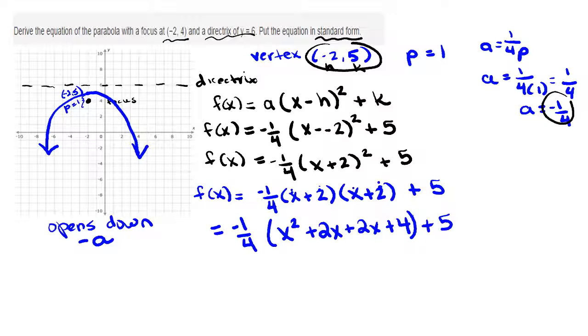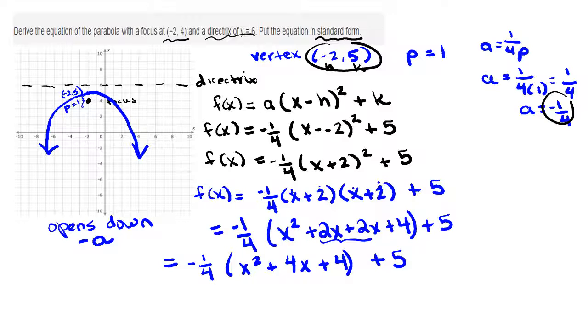Plus 5, we just brought down. Okay, then I'm going to combine my like terms here. Negative 1/4 (x squared plus 4x plus 4). Bring down the plus 5.